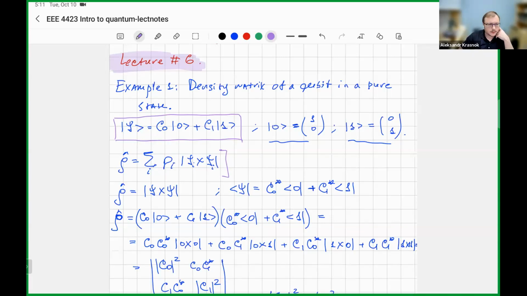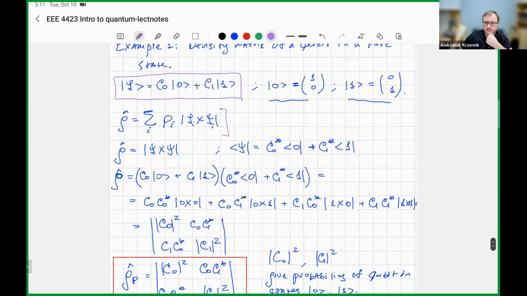As we discussed several times, the general pure state of a qubit is given by the superposition of two basis vectors with corresponding coefficients: C0 state 0 plus C1 state 1, where states 0 and 1 are basis vectors.